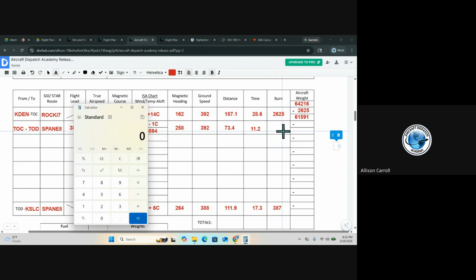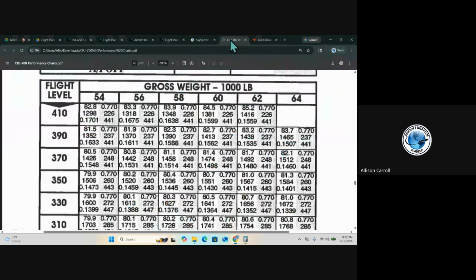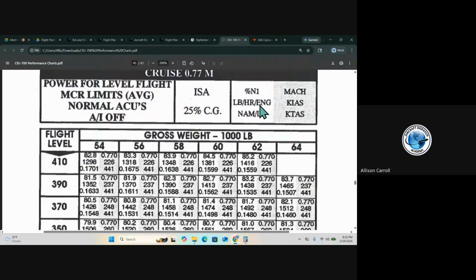So now we are going to find how much fuel we are going to burn to go 73.4 miles at this speed. It's going to take us 11.2 minutes, but how much fuel are we going to burn? Going back to the performance charts, this is our pounds per hour per engine.